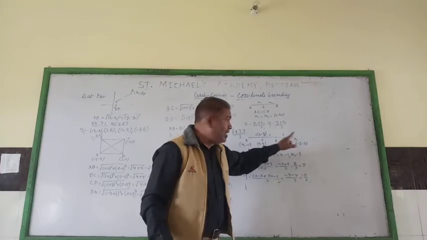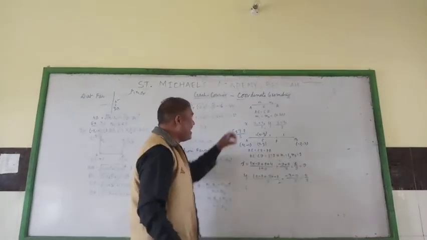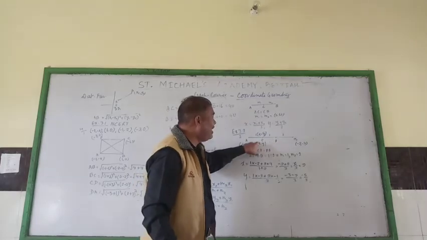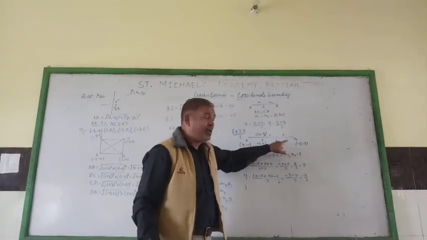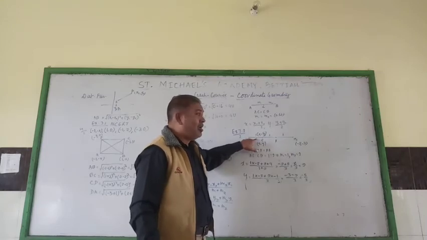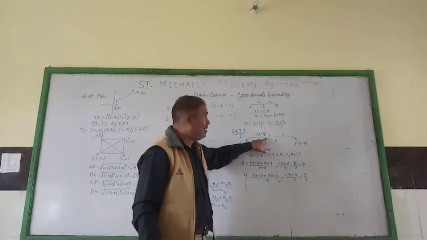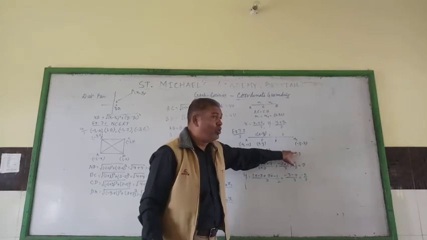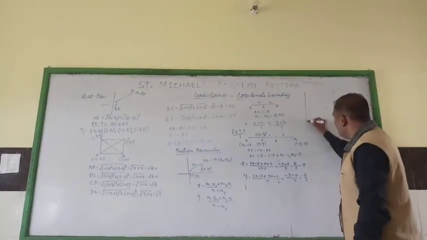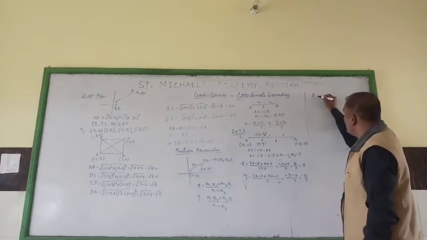So instead of applying this formula directly, we can apply the midpoint formula because D is the midpoint of CB. What is the x1 here? 2. Very good. y1 -5/3. x2 -2. y2 -3.